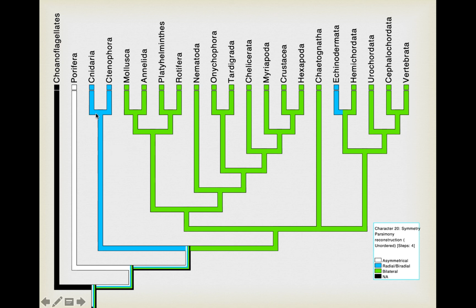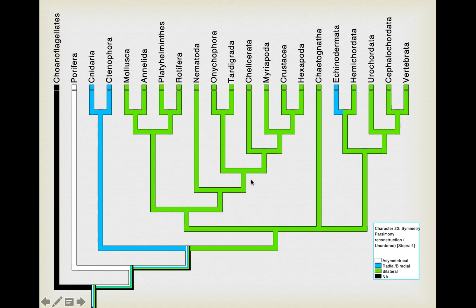The cnidarians and the ctenophores show either radial or biradial symmetry, and we'll see that they typically don't move very much or move very quickly. But by far, the vast majority of animals have their origin in triploblastic, bilaterally symmetrical animals, and they're much more active in moving compared to the sister group that includes the cnidarians and the ctenophores.